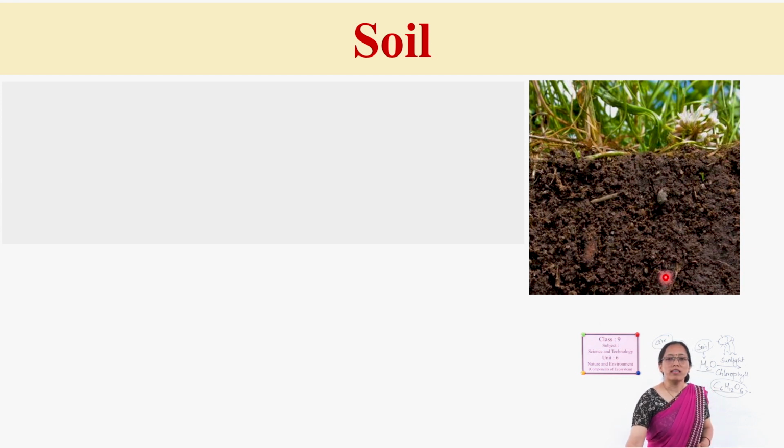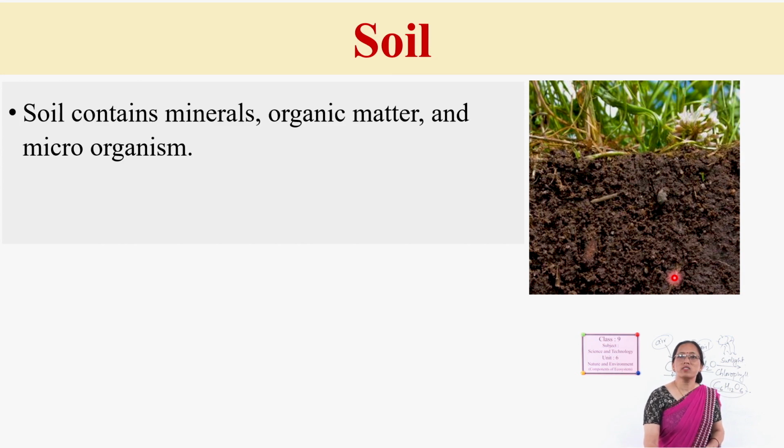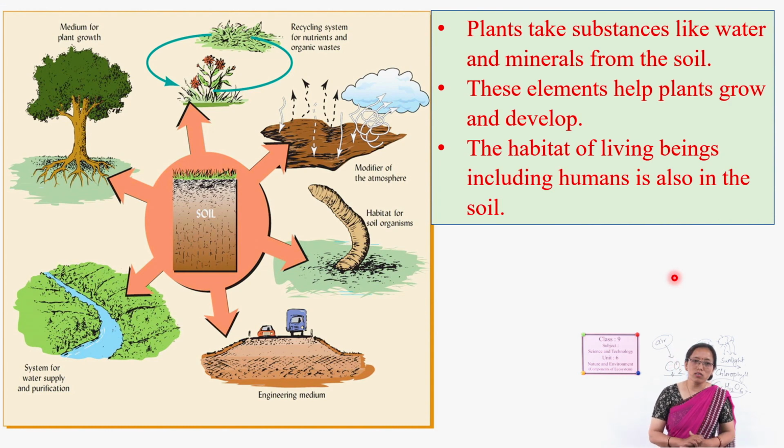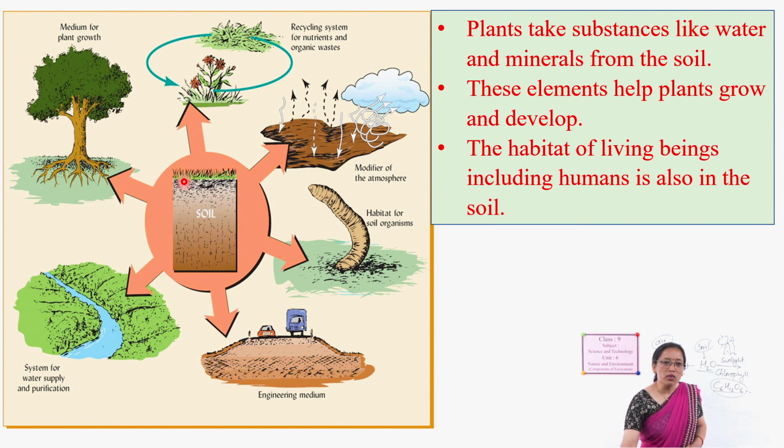Next, what is soil? It is a mixture of different components where humus, minerals, small pieces of rocks, etc. are present. Even different kinds of organic matter and microorganisms are present in the soil. How is soil useful? Plants grow on the soil, and the system of water supply is also through the soil.